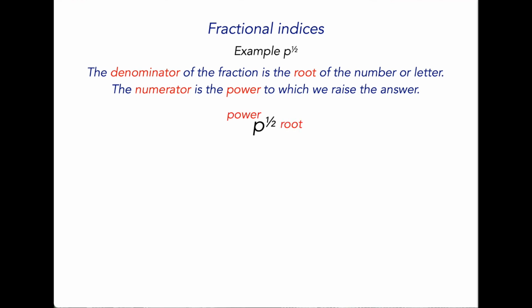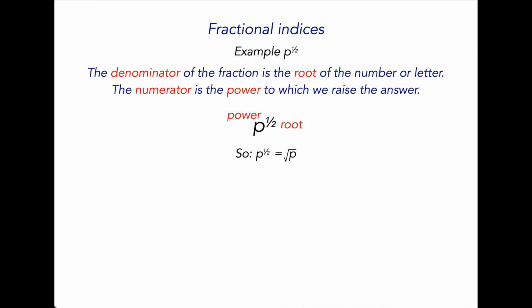So in our example, the denominator 2 is the root of p, and the numerator 1 is the power to which p is raised. Now p to the power of 1 is simply p, and the root is 2, so p to the power of a half equals the square root of p.